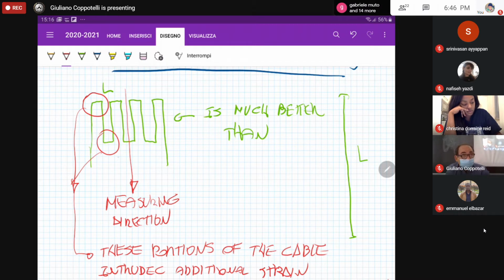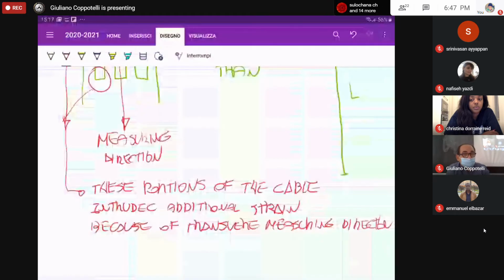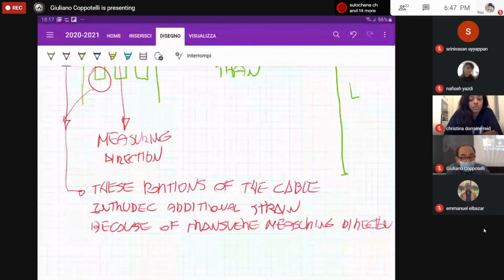Okay, so if your material has a Poisson ratio, as all materials have, then you are having a change of resistance not because of the strain, but because of the strain in the orthogonal direction. Okay, and that is what is called the sensitivity to the transverse measuring direction, or the transverse sensitivity as well.